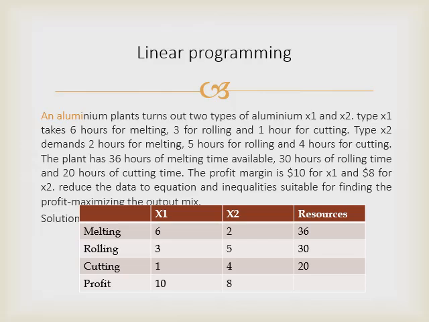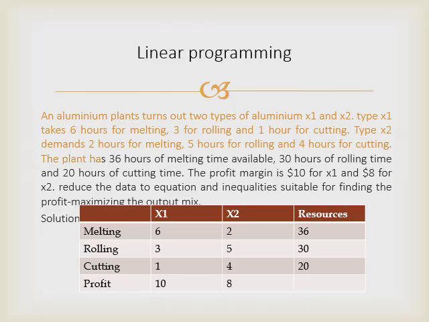Example 4. An aluminum plant turns out two types of aluminum, X1 and X2. Type X1 takes 6 hours for melting, 3 hours for rolling, and 1 hour for cutting. Type X2 demands 2 hours for melting, 5 hours for rolling, and 4 hours for cutting.